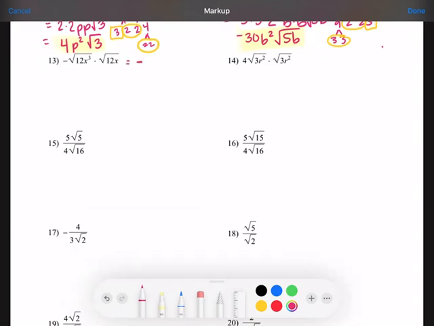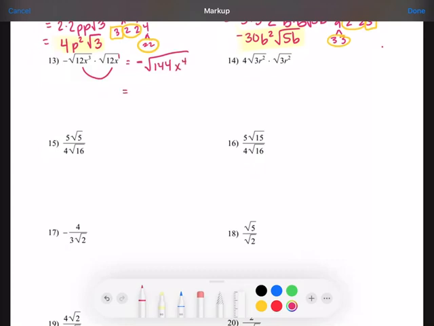Alright, looking at number 13, I have a negative out in front, and so I'm going to keep that out in front. This 12 will break down, sorry, I shouldn't be breaking this down yet. I'm going to multiply first. 12 times 12 is 144, and this is under the square root.